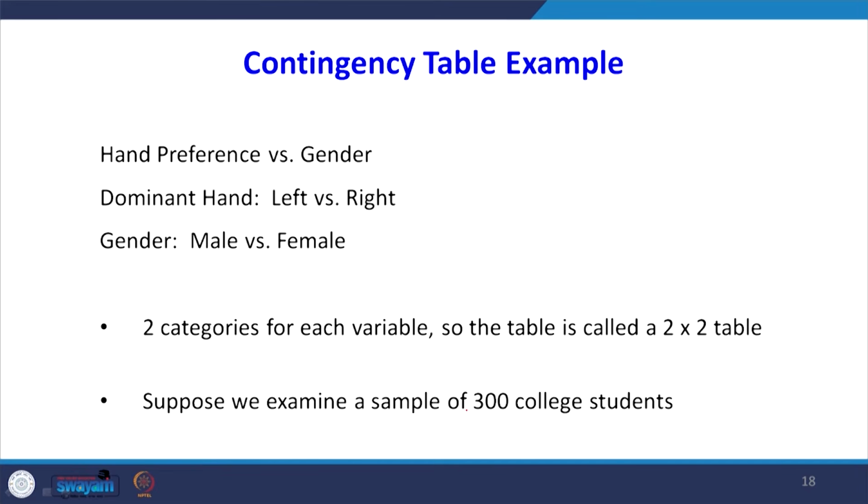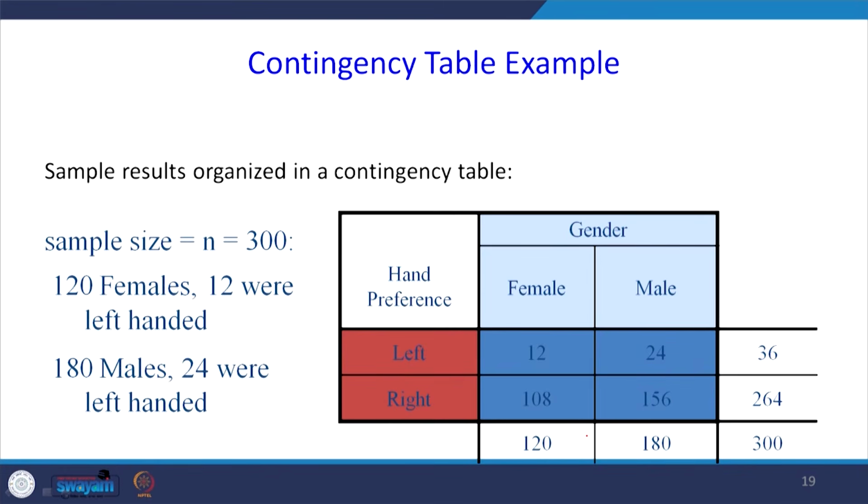We examined a sample of 300 college students. This was the outcome. In the rows we asked, are you left hand or right hand dominant. In the columns we captured the gender, female and male. There are 300 observations. Out of 300, 120 are female, 180 are male.